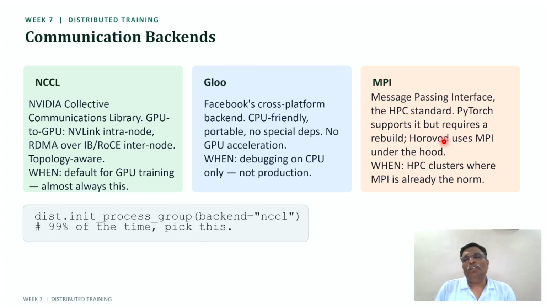We have another thing called Horovod, which uses MPI under the hood, but it requires a different type of setup. Since PyTorch is commonly used and a lot of people use it, I am showing you PyTorch with NCCL and MPI at the backend. This is what we are going to do in our hands-on. So this is the communication part of distributed training.